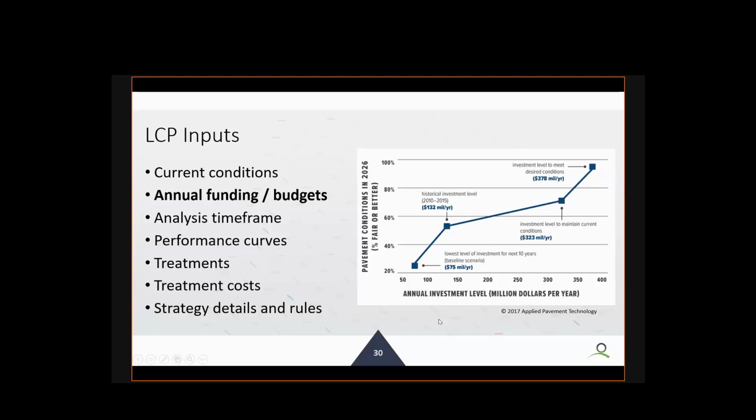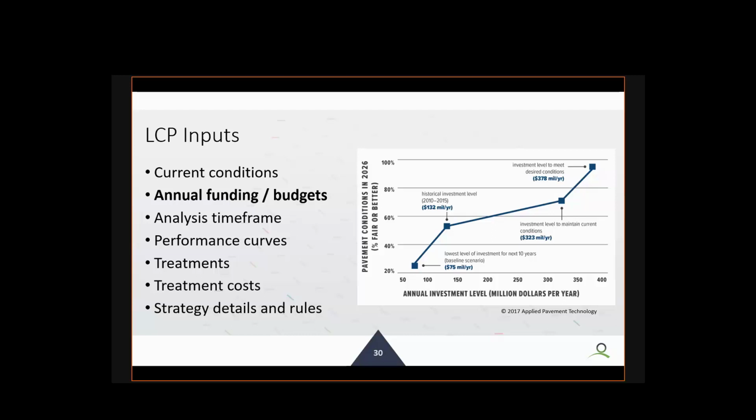Because the amount of funding going in will drive some of the decisions you make about those assets in the analysis, right? If you have a little bit more funding, you may spend it on some more expensive treatments, things like that. So you could look at your historic funding level. You can look at the one down there, the lowest level of investment for the next 10 years.